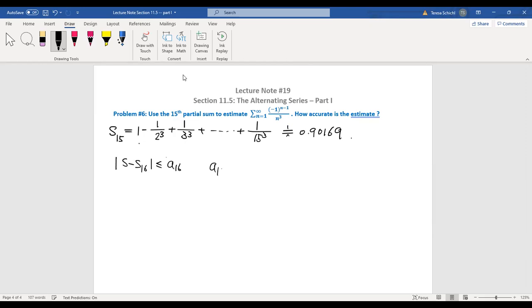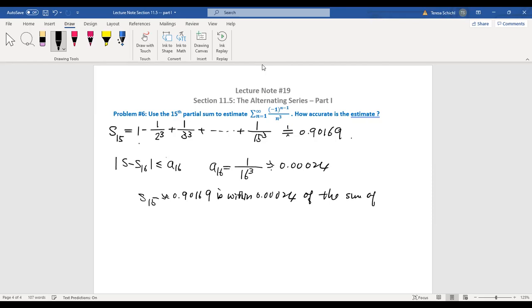A16 is 1 over 16 to the third, which is very close to 0.00024. So we know S15 is pretty close to 0.90169, and it's within 0.00024 of the sum of the series.